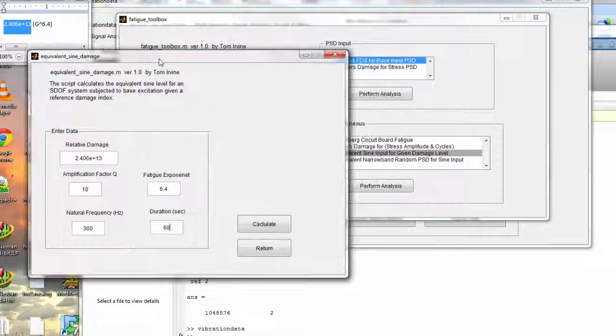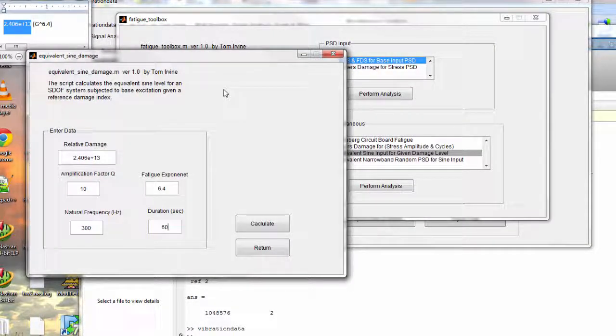So what is the equivalent pure sine tone at 300 hertz to give us the same amount of damage that the NavMat base input would provoke? It comes out to be about 2.67 Gs.